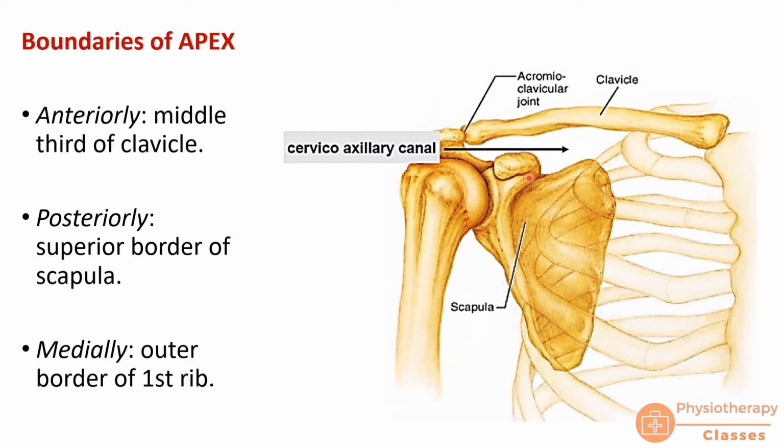So this canal which we see here is the cervico-axillary canal. I'll repeat again. The boundaries of cervico-axillary canal: anteriorly middle third of clavicle, posteriorly upper border of the scapula, and medially outer border of the first rib.